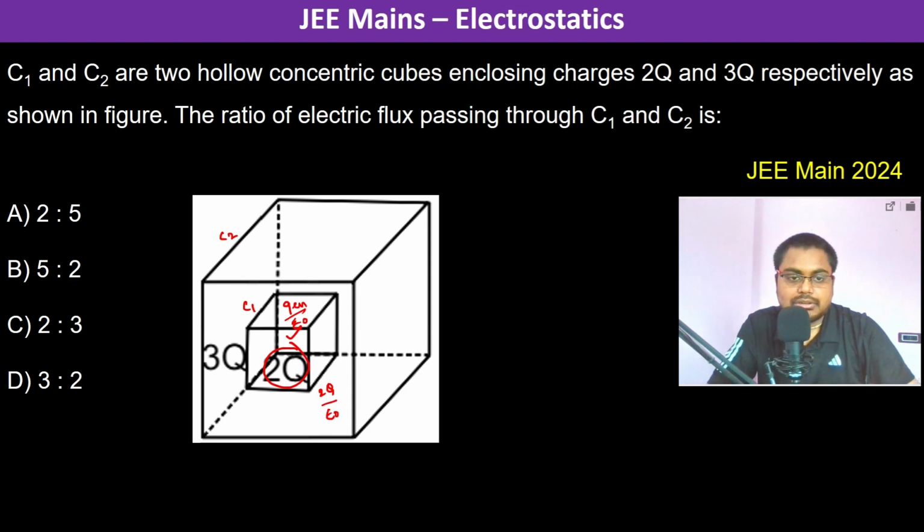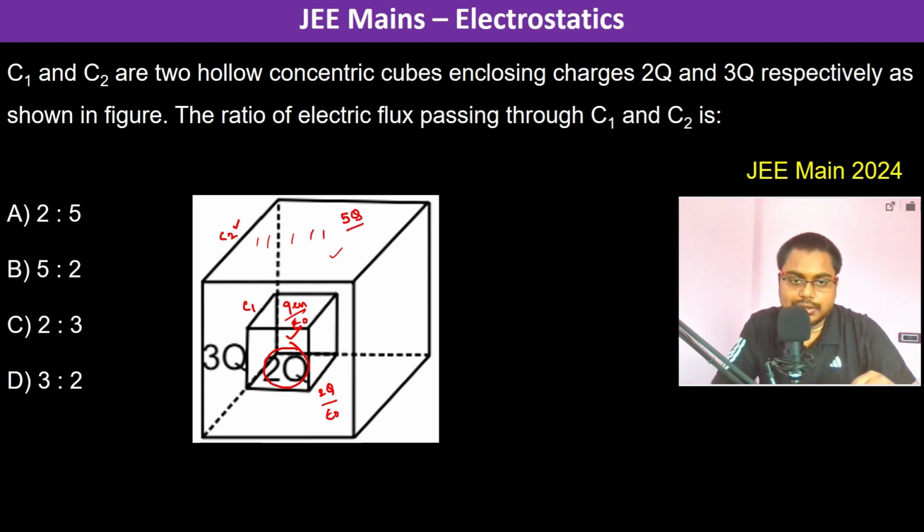Whereas the electric flux passing through C2 is going to be equal to the total charge enclosed inside C2. So C2 is having the charge 3Q, and this charge also, which is 2Q. So total charge is 5Q.